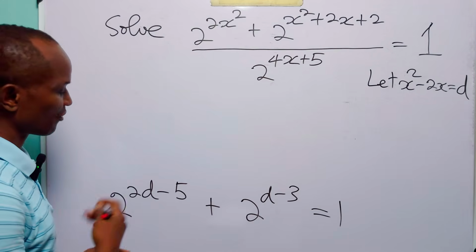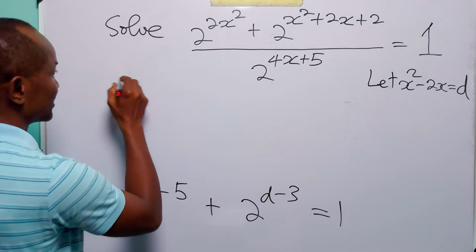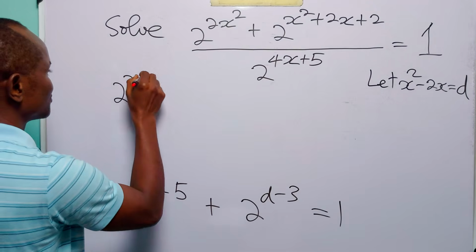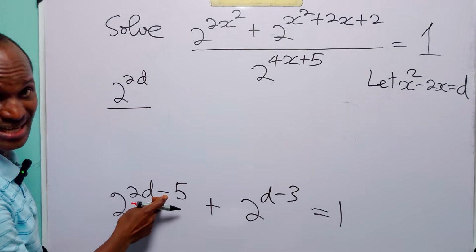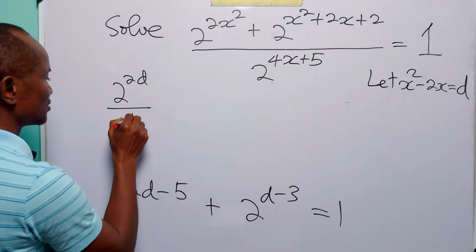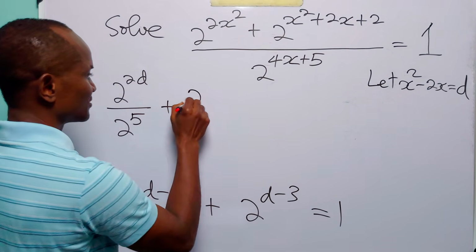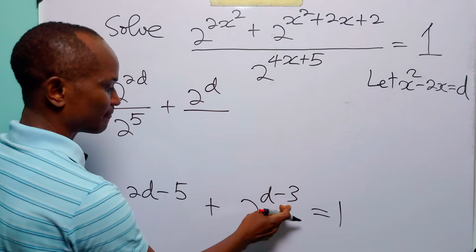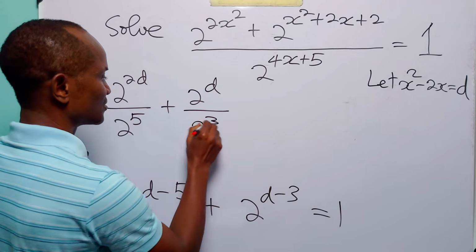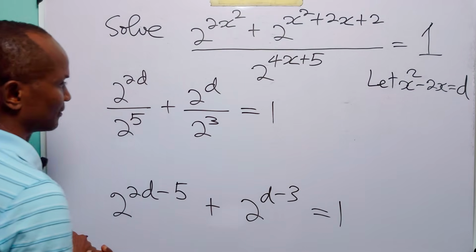And once more, from our studies of indices, we can write this as 2 to the power 2d divided by 2 to the power 5, plus 2 to the power d divided by 2 to the power 3. And of course, this is equal to 1.